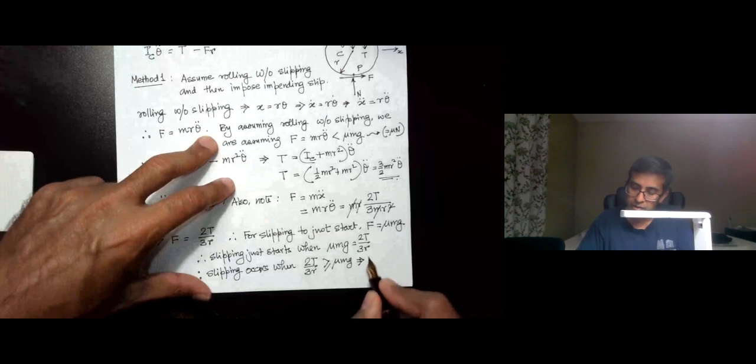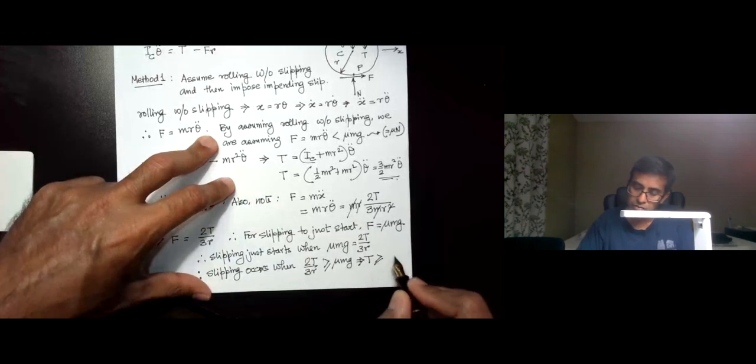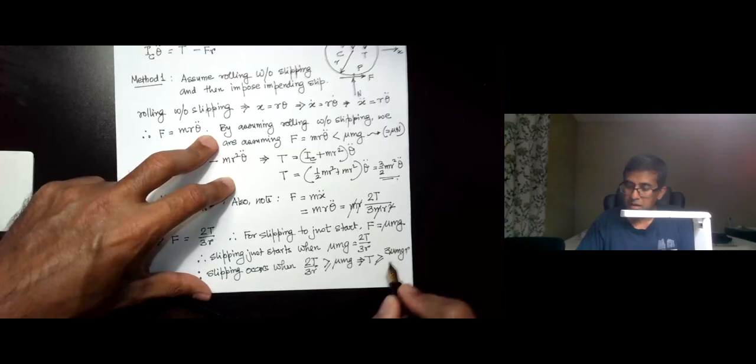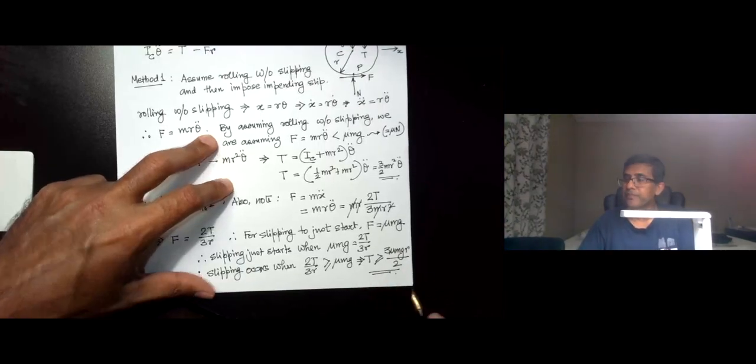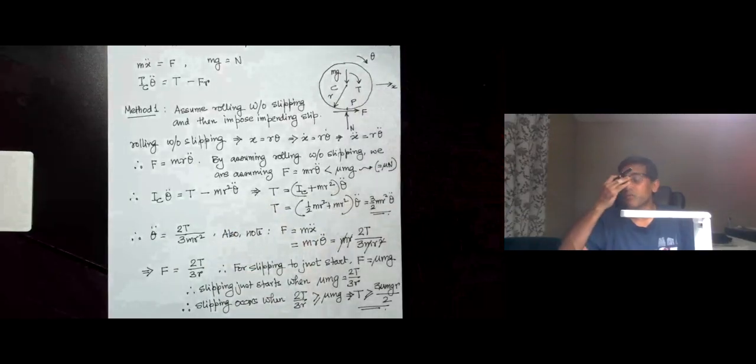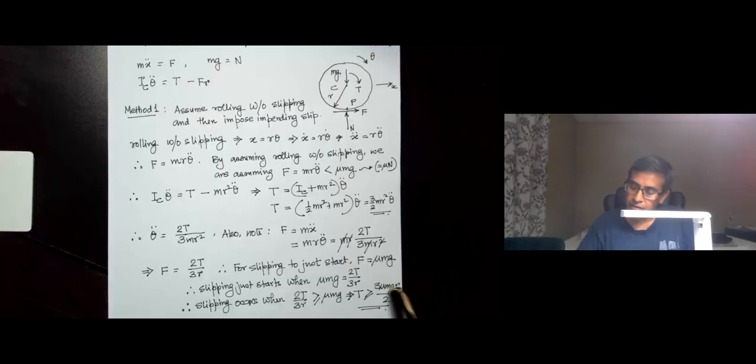Or in other words, when the torque is greater than or equal to 3 mu m g r by 2. So 1.5 mu m g r. So if the engine or the motor that is turning this wheel provides a torque greater than 3 mu m g r divided by 2, that's when we see slipping to be initiated.